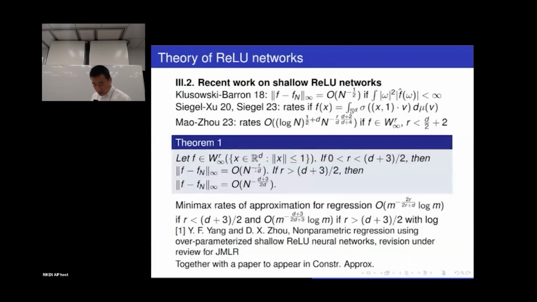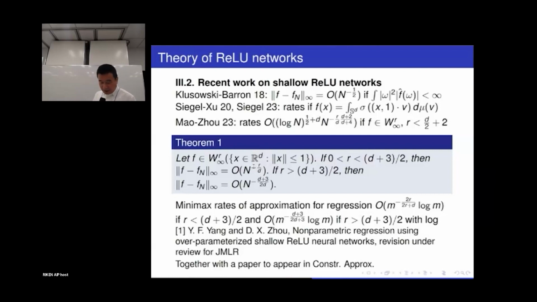So the first work along this direction is Klusowski and Barron, showing that if the approximated function belongs to the so-called Barron space, satisfying this Fourier decay condition, then the rate of approximation is n to the minus half.